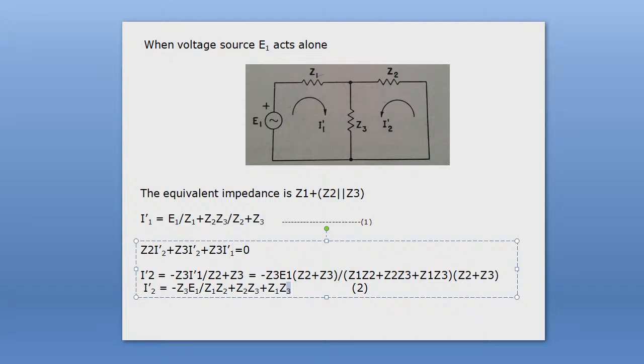So let me show you the circuit for case 2 when E2 is present and E1 is replaced by a short, because we have considered these two sources ideal. Okay, so you just note down the expression of I1 dash and I2 dash, this is equation 1 for I1 and equation 2 for I2 dash.